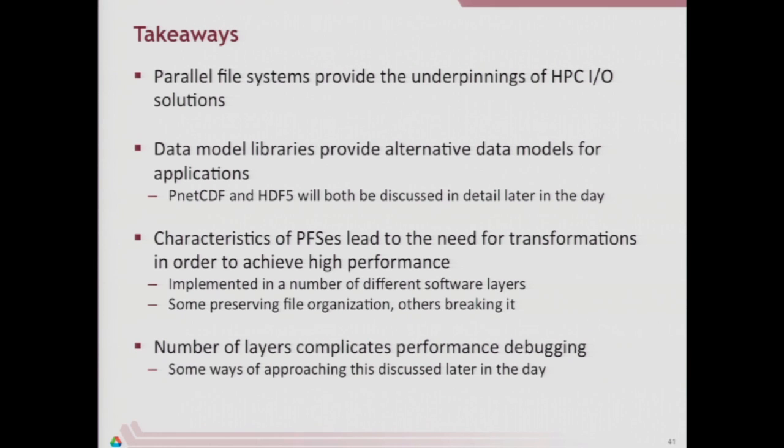And the number of layers, I haven't said this, but you can imagine, and I'm sure you've experienced it, when you slap a whole bunch of software layers together, there are a lot of ways that can go awry. And so that's going to complicate our performance debugging, and we're going to look at some tools for helping decode what's happened later in the day.